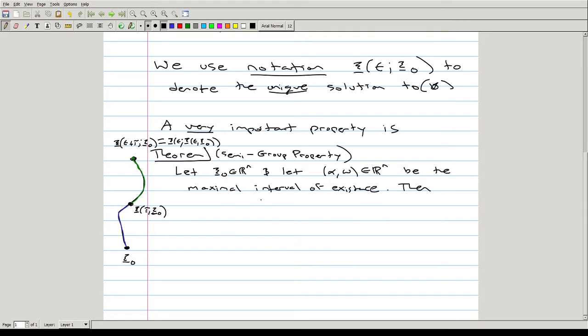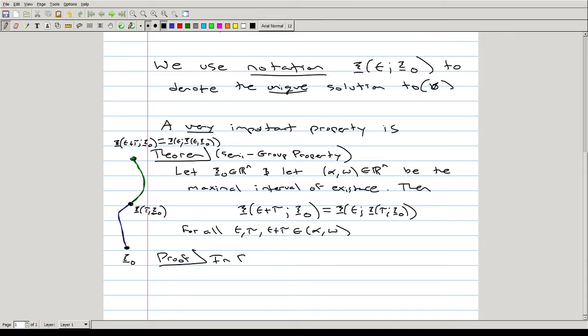Then xi of t plus tau starting at initial condition xi naught has to be equal to xi of t starting at the initial condition xi of tau, xi naught, for all points t, tau, and t plus tau in the maximal interval of existence. The proof of this is in our book. It uses the uniqueness theorem.